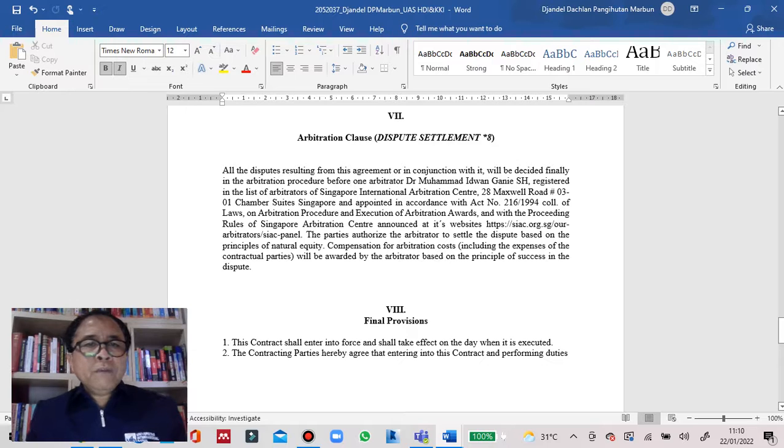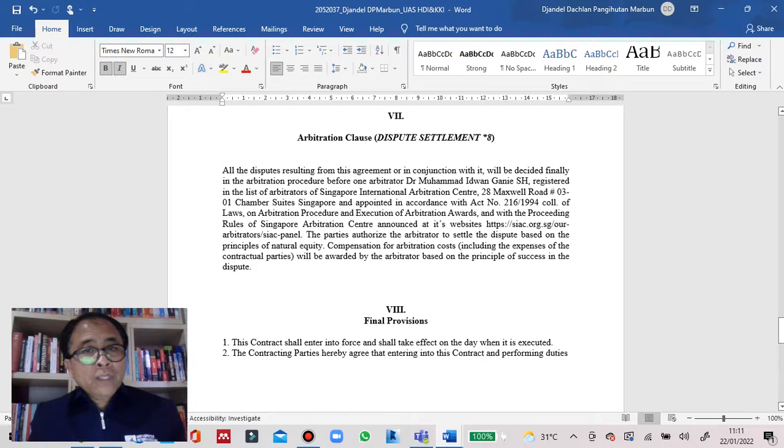All disputes resulting from this agreement or in conjunction with it will be decided finally in arbitration procedure before one arbitrator, Dr. Muhammad Idwan Ghani, Sarjana Hukum, registered in the list of arbitrators of Singapore International Arbitration Center, 28 Maxwell Road, number 3, Unit 1, Chamber, Suite, Singapore, and appointed in accordance with Act number 216, year 1994, on Arbitration Procedure and Execution of Arbitration Award, and with the proceeding rules of Singapore Arbitration Center announced at its website as follows.